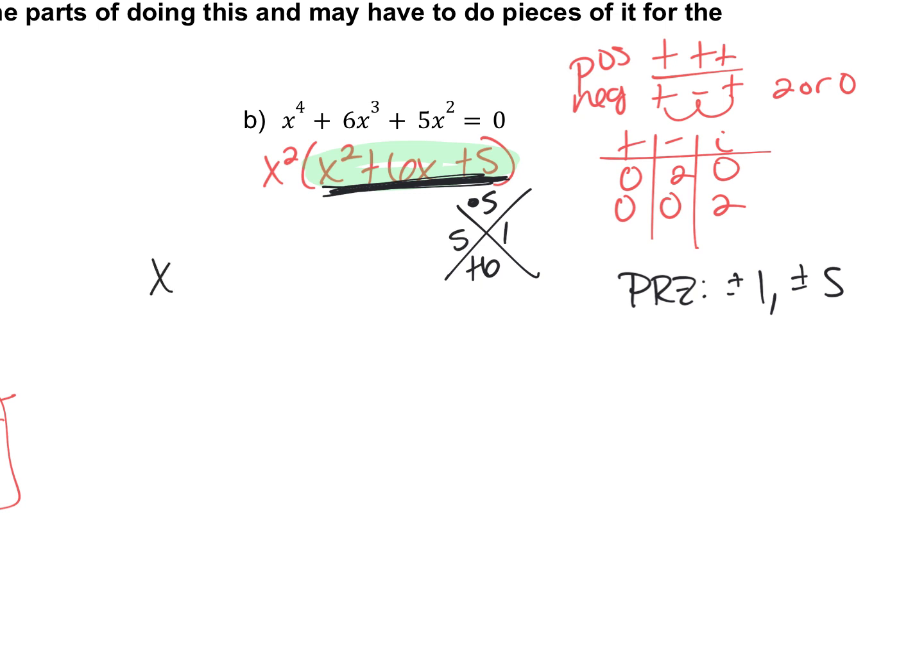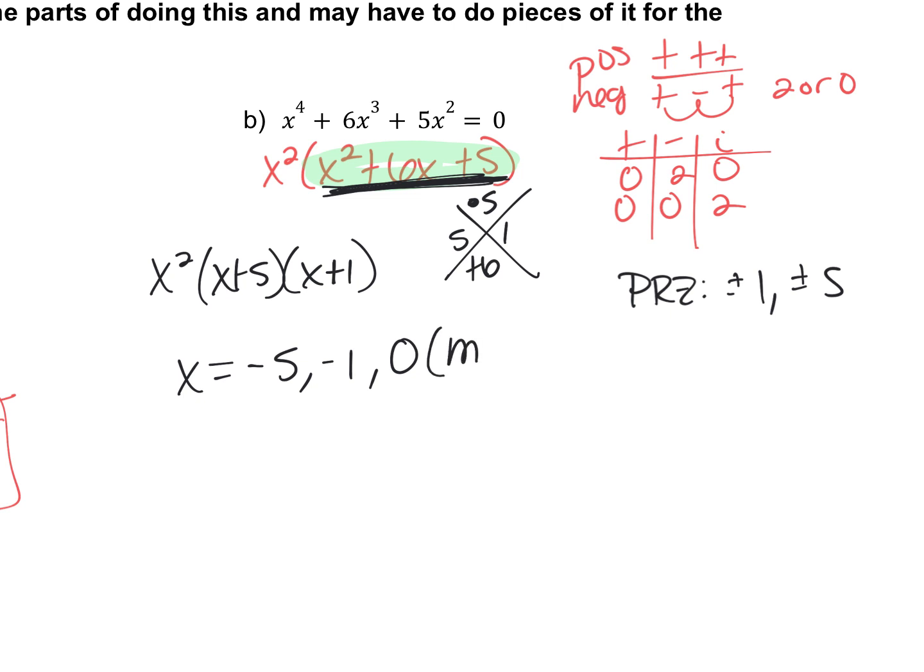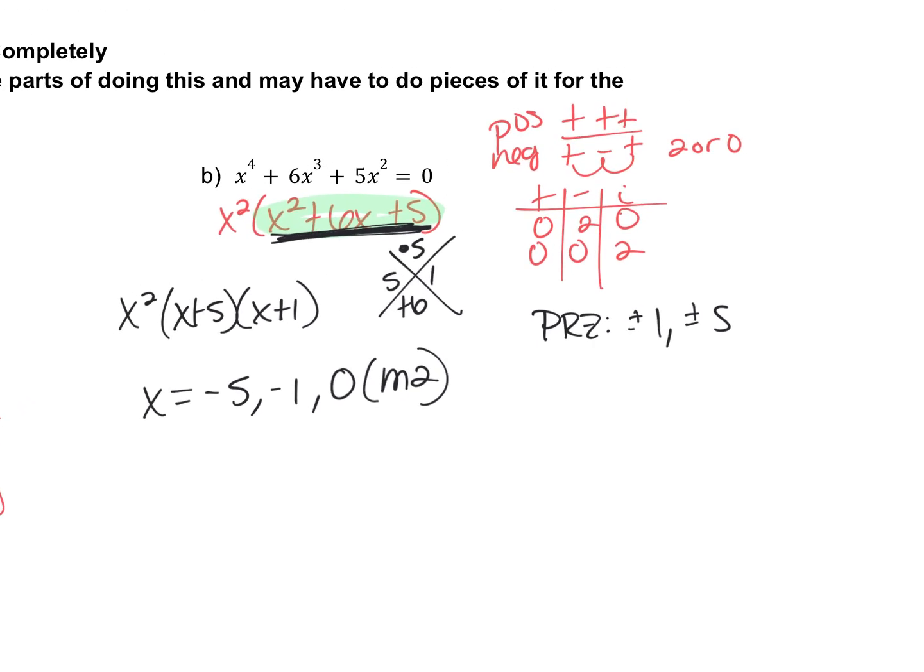So this would be, and you can even use the shortcut, x squared times x plus 5 times x minus 1. Set each piece equal to 0. So we have negative 5, negative 1, and then 0 with the multiplicity of 2. Now I know I kind of cheated and didn't do synthetic division like the last one, but that's fair game, but make sure it falls in line with Descartes. Does it? Yes, it's this one with 2 negatives.